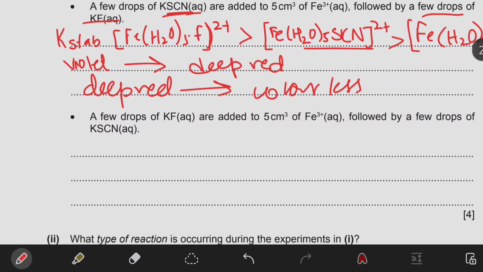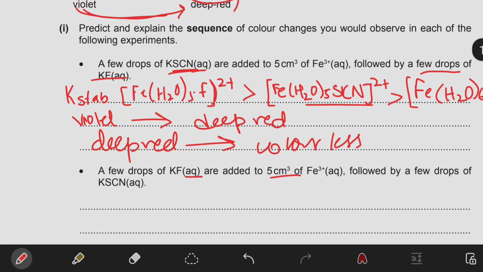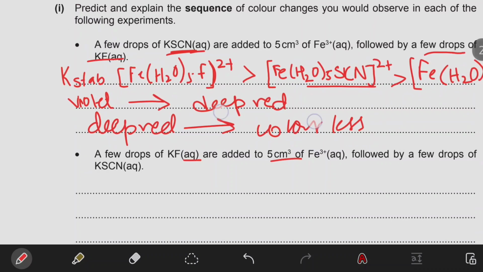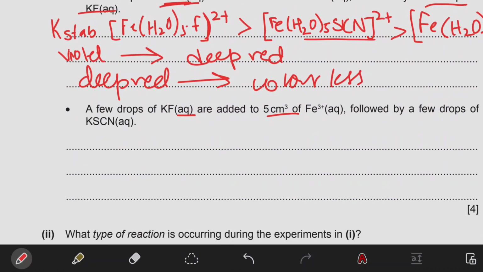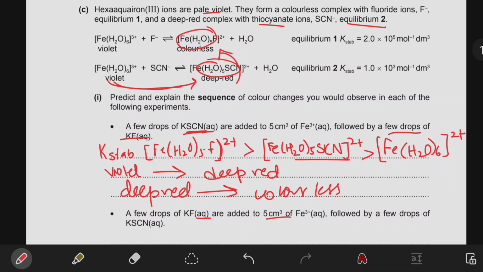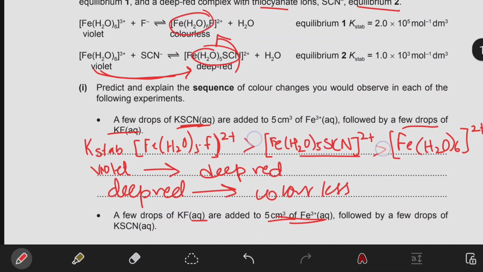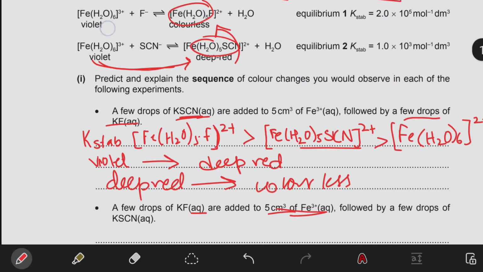A few drops of KF aqueous are added to 5 cm cube of Fe3+ aqueous, followed by a few drops of KSCN. Now, keeping in mind the K stab, the stability constant, of course if we are adding KF to this much of iron, then the color from violet will change to colorless.